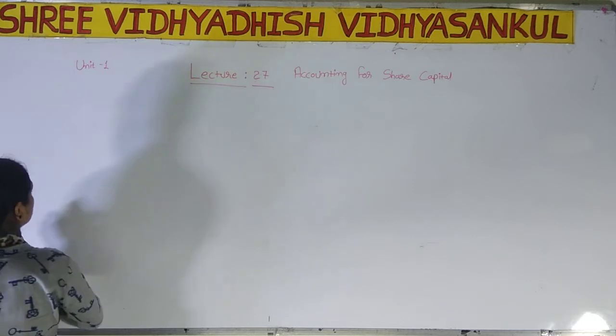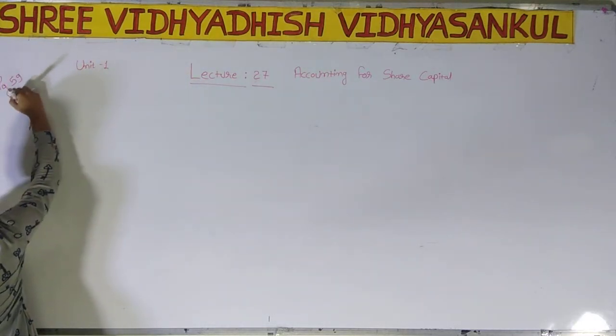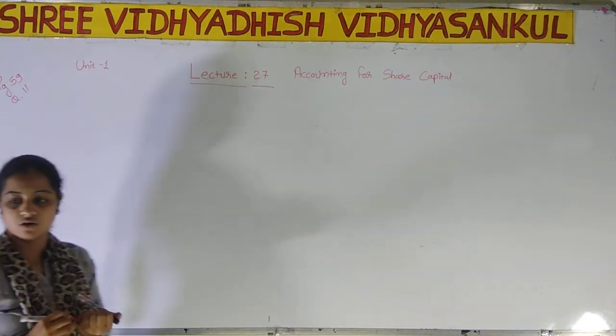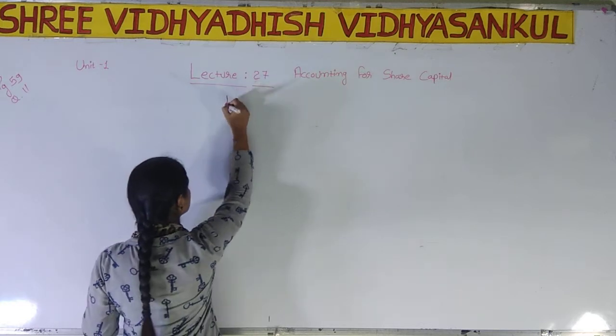So first of all, we'll draw a format of bank account. Page number 59, question number 11. For that we are drawing a bank account. You know how to prepare an account, right?